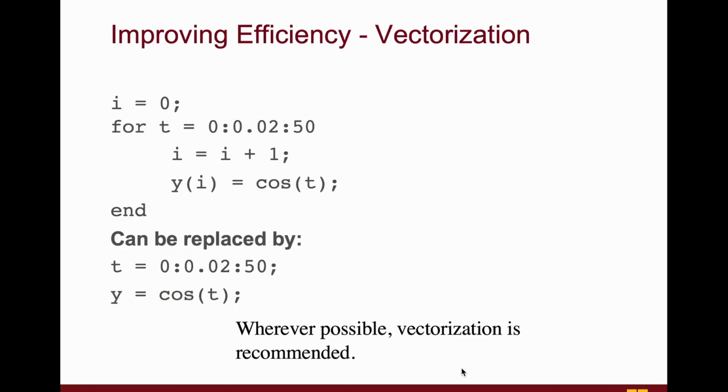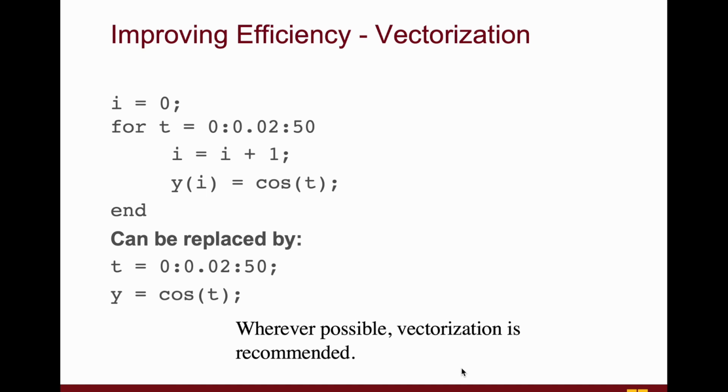We talked about using the loop functions, but in fact, we need to think about computing efficiency. To improve computing efficiency, when it's possible, we need to do vectorization. Here is a for loop example, where t loops from 0 to 50 with a step size of 0.02. Inside this for loop body, the first line is I equals I plus 1, so I will be increased by 1.